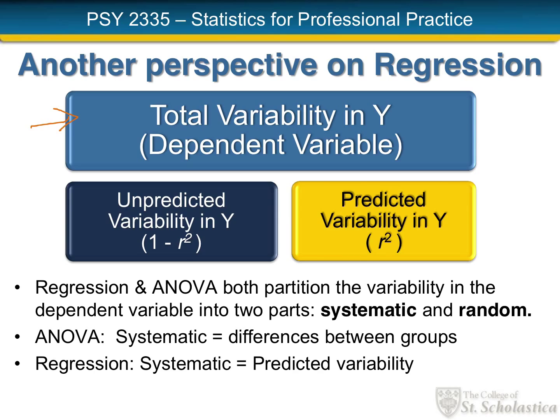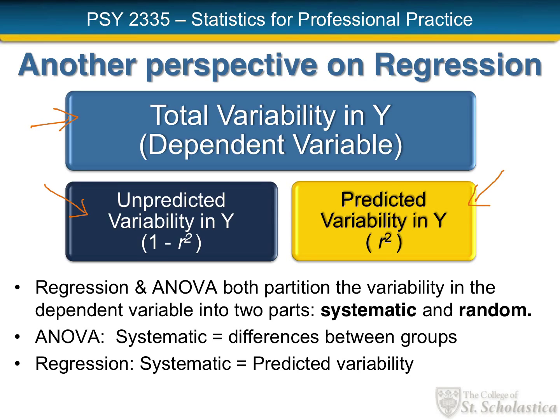One of them was a systematic part. In the analysis of variance, the systematic part were the differences between the groups, because we were looking at groups of people, and we said that any variability that happened between the groups was due to the treatment variable, but any variability that happened inside the group where they all received the same treatment was the unpredicted or the within groups variability that we called error.